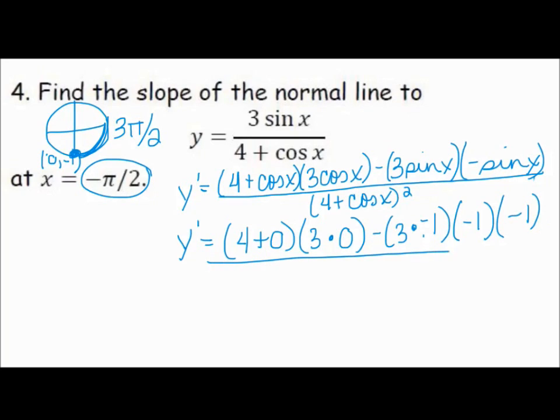Lots of negative 1s there. All over 4 plus cosine of 3 pi over 2 is 0, so essentially 4 squared.